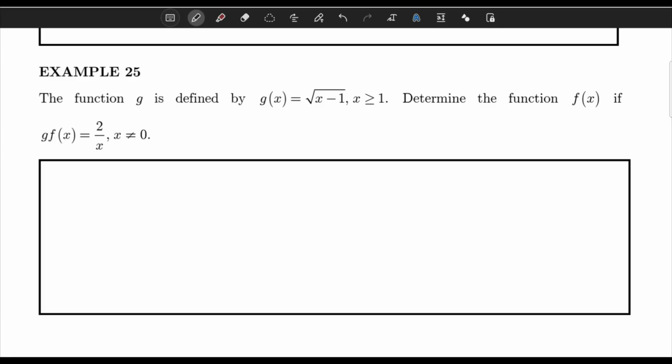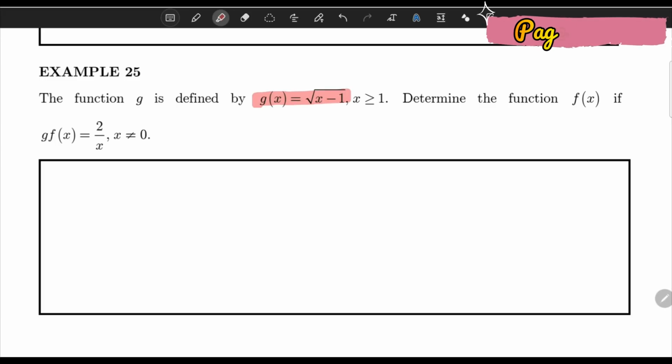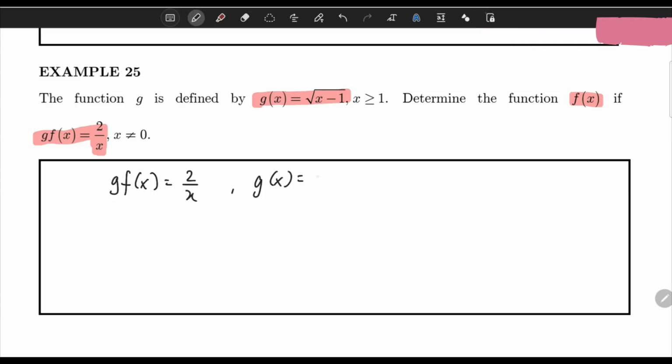Right, example 25. So we are given g of x to be square root of x minus 1. Determine function f of x if g of f of x is 2 over x. So we will start from g of f of x as 2 over x, and then g of x to be square root of x minus 1.